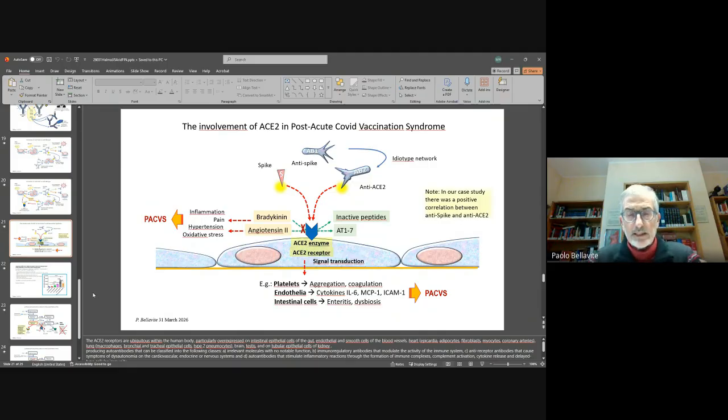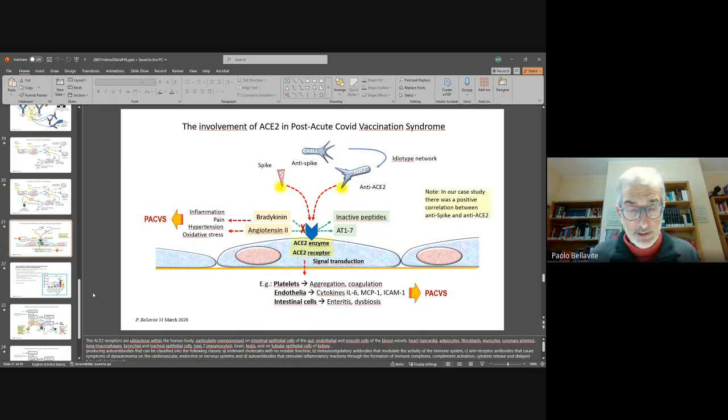The critical point is that they can interact with the ACE2 receptor, the same one that represents a target of the viral S protein. As a consequence, ACE2 enzyme function can be blocked, leading to an increase in angiotensin II and bradykinin, which can cause many of the disease symptoms, as we have seen with the spike protein itself.